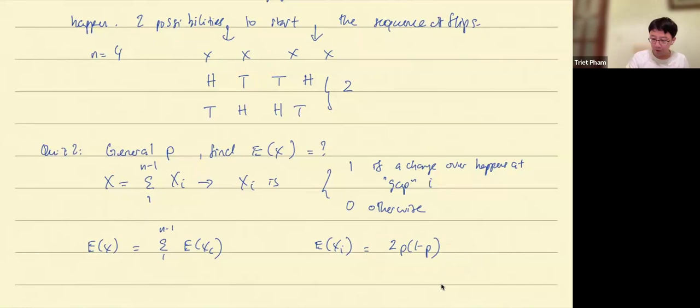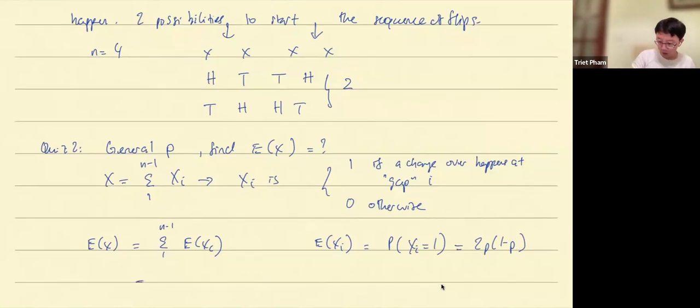Remember, the expectation of an indicator function is the probability that it happens. So therefore, this will be (n minus 1) times 2P(1 minus P). Any question?